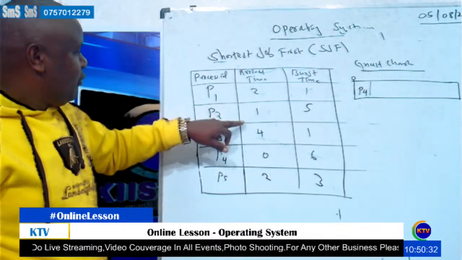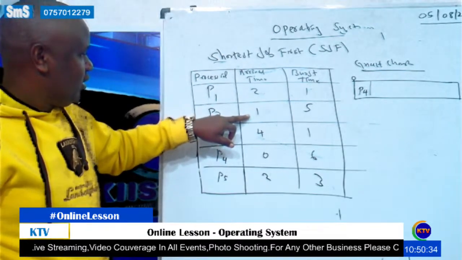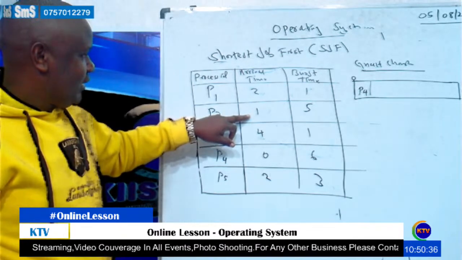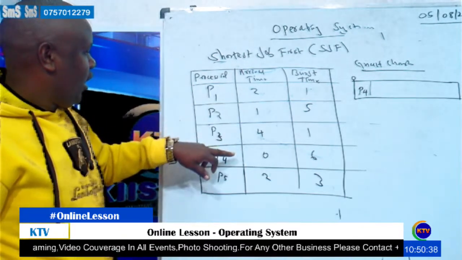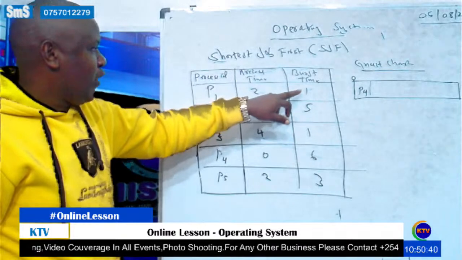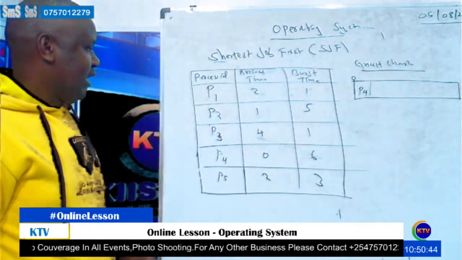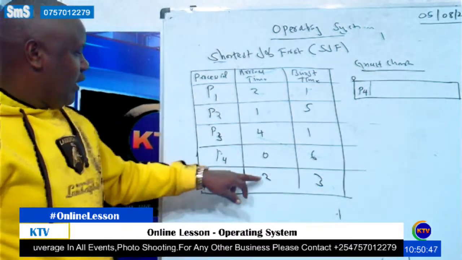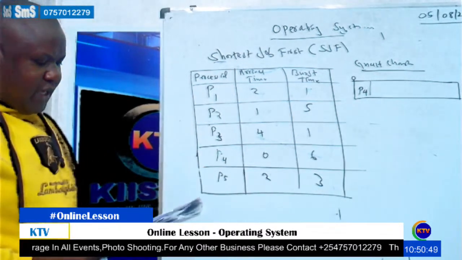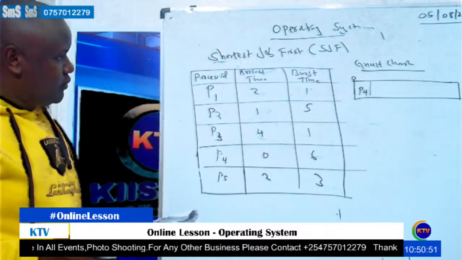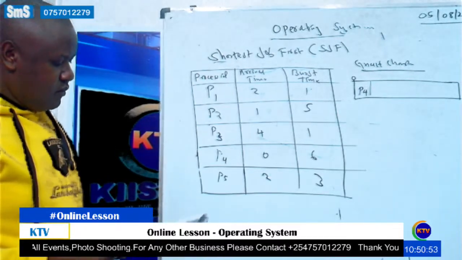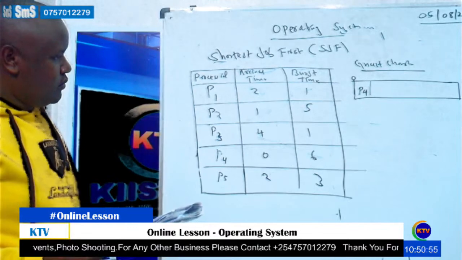So after 1 millisecond, process 2 arrived, and remember we are considering the past time, and after 2 milliseconds, another one arrived. Then another one arrived here. So which one was to be allowed in first? Process 1.